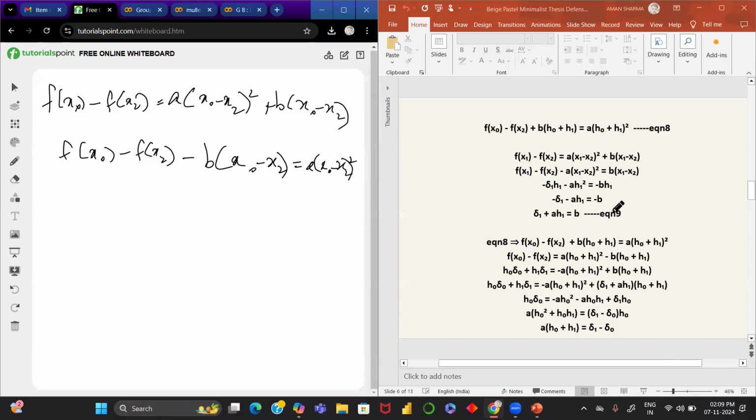And we change this into terms of x0 and x1.